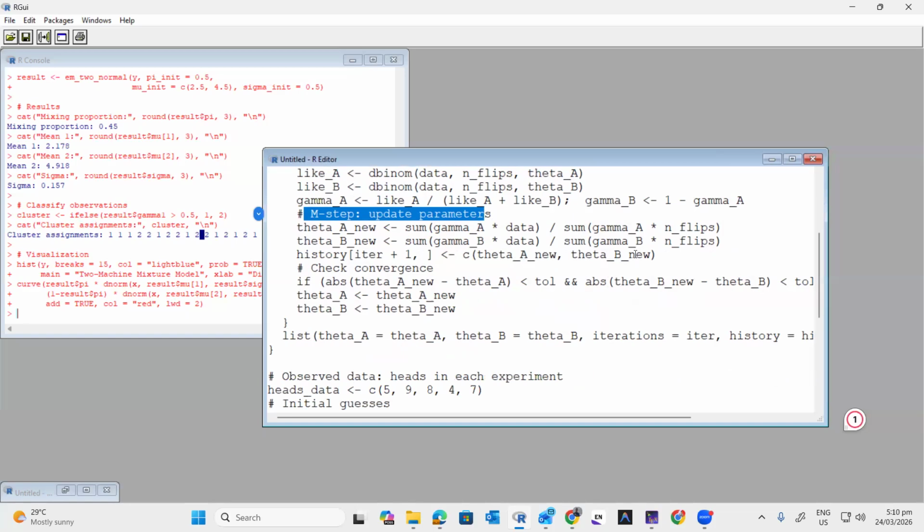The updated parameter values will be stored in the next row of the history matrix after the first one. The iteration will take values from 1 up to maximum iteration, because in the first row we are just storing the initial guess. So whatever estimated values of theta we get will start to be stored from the second row.